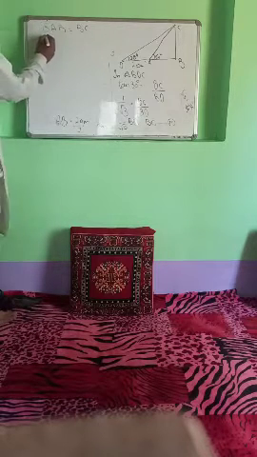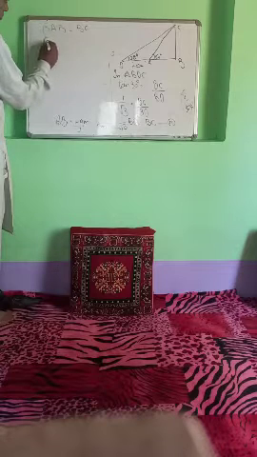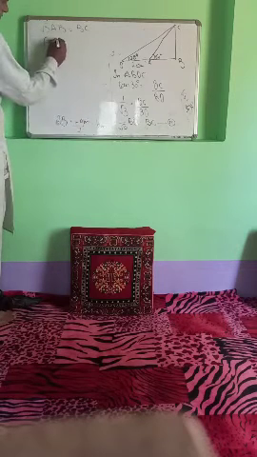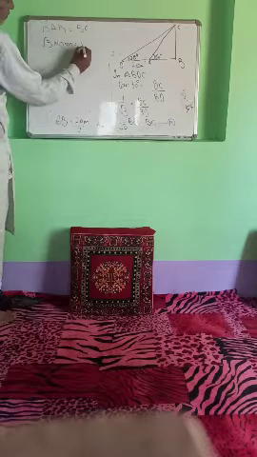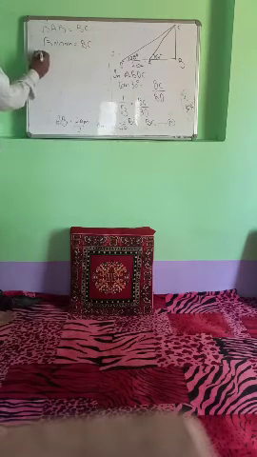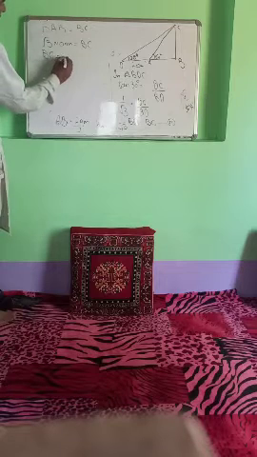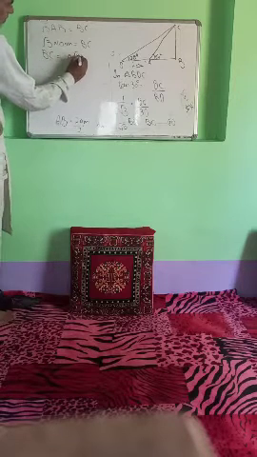So here we can substitute root 3 into AB, where AB is 10 meters, is equal to BC, or BC is equal to 10 into root 3 meters.